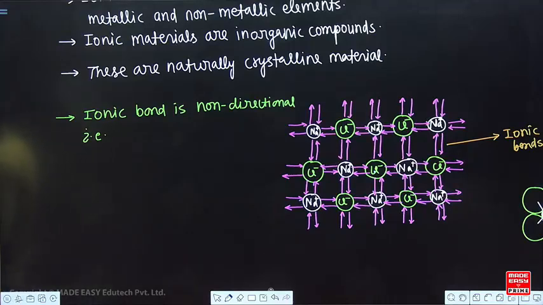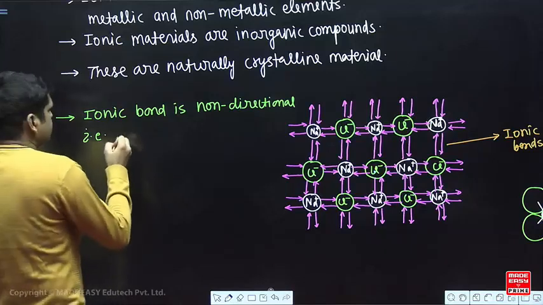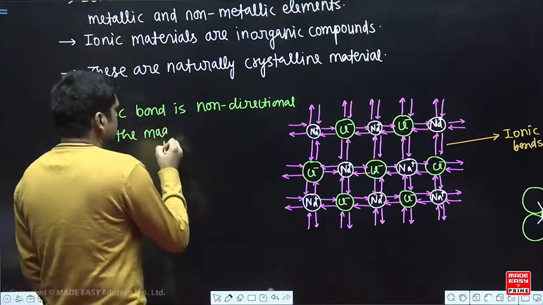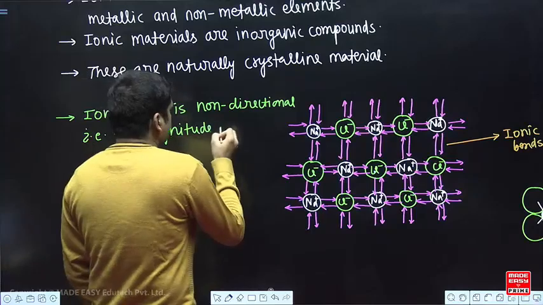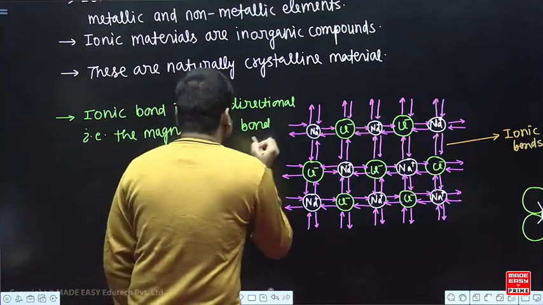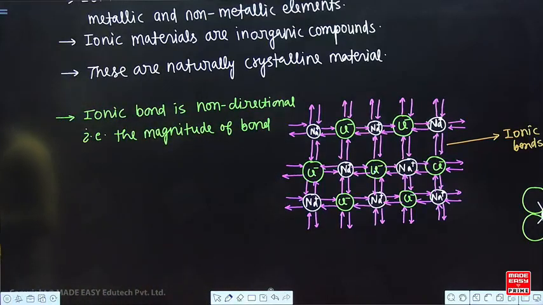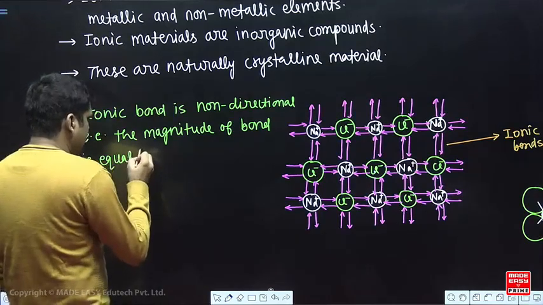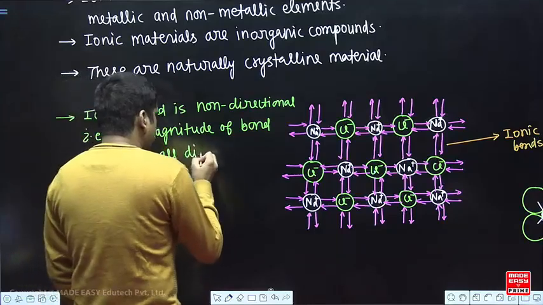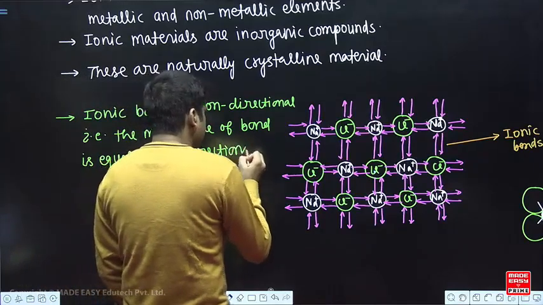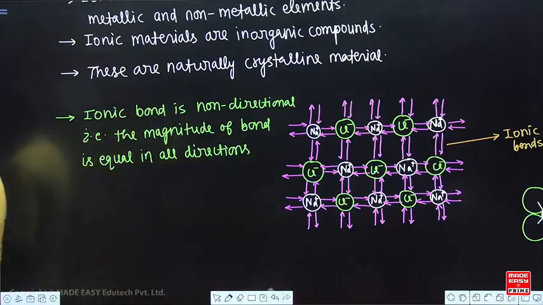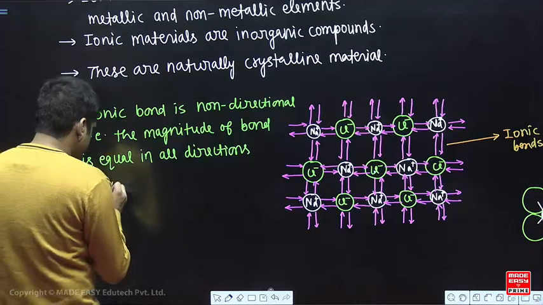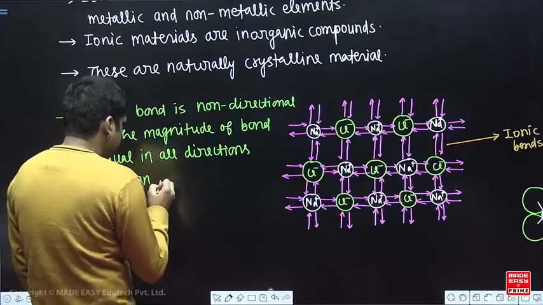That means the magnitude of the bond is equal in all directions around an ion.